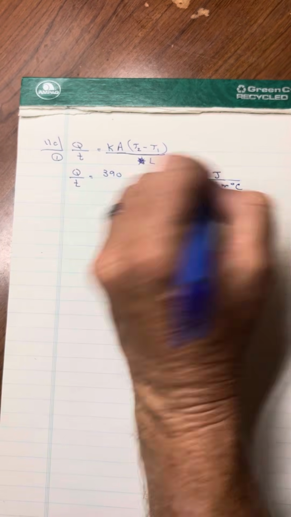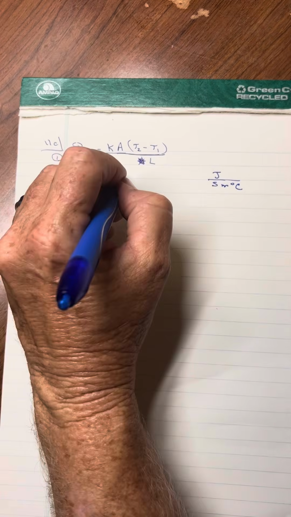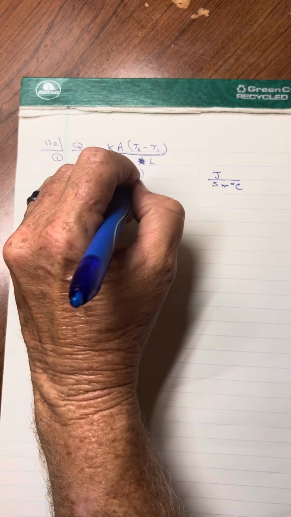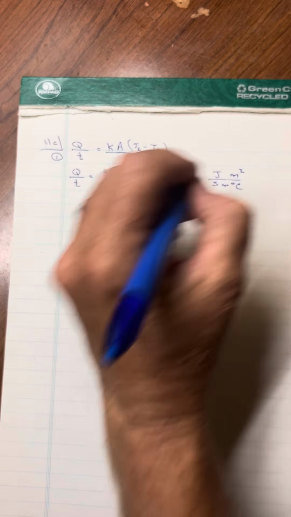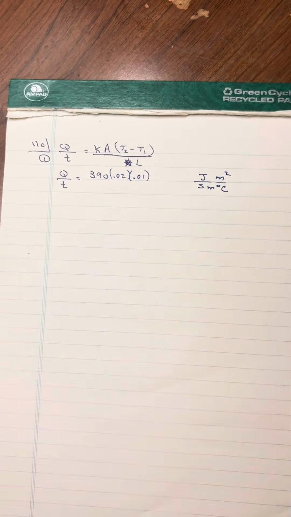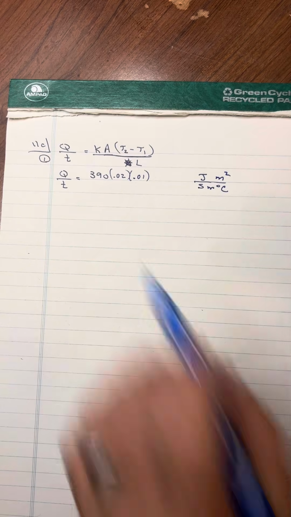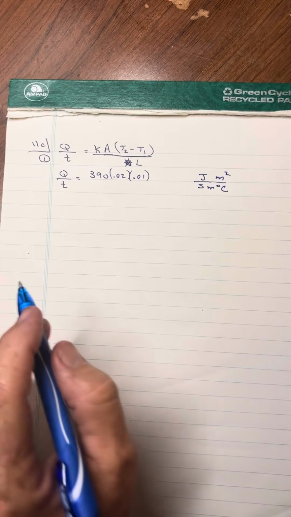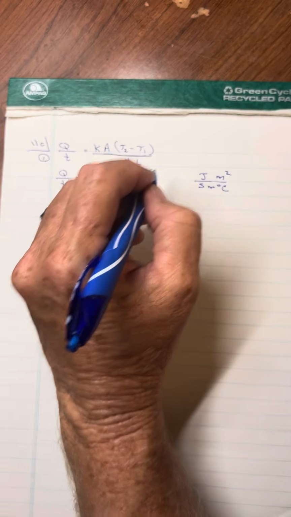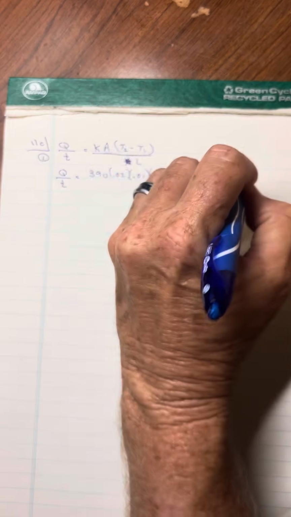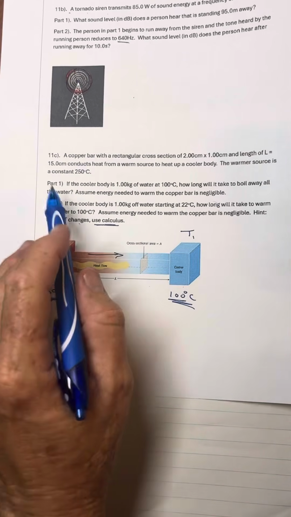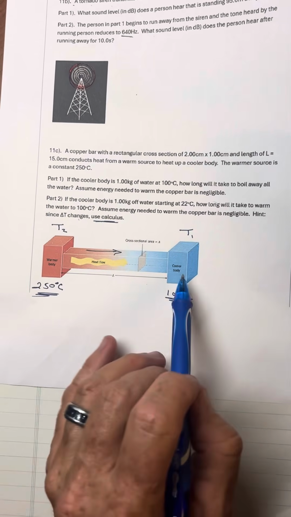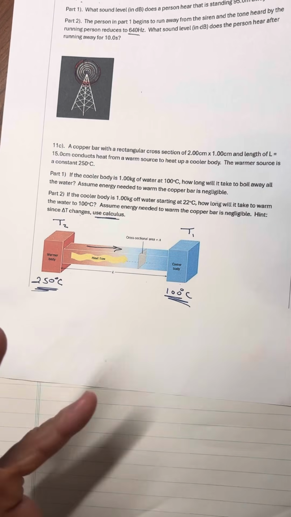meter degree Celsius. Now the area is 2 centimeters by 1 centimeter. And so let me change it to meters and then put in an area of square meters. The temperature difference is 150 degrees Celsius. That's why I said number 1 is going to be kind of nice, because this temperature difference doesn't change.